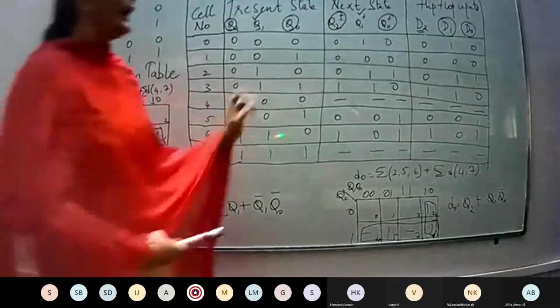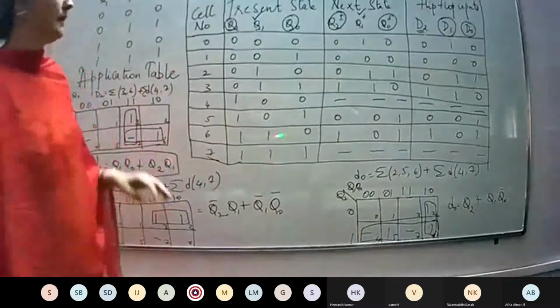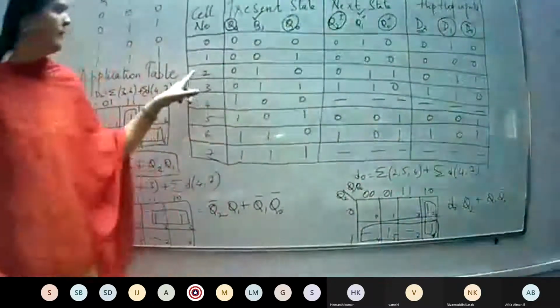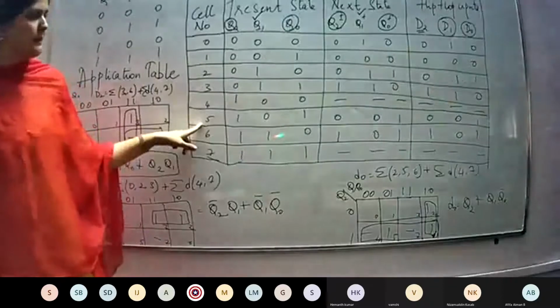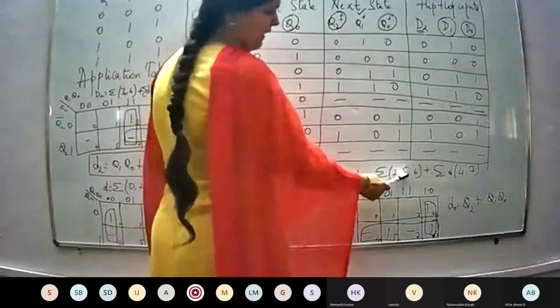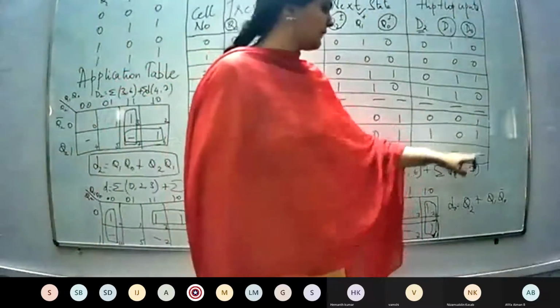In the same way, I'll put the K-map for D0. So for D0, where is 1? D0 you can see, it is 1 at cell number 2, it is 1 at cell number 5 and 6. So I've written summation 2, 5, 6. And where is the don't care term? Again it is at 4 and 7.